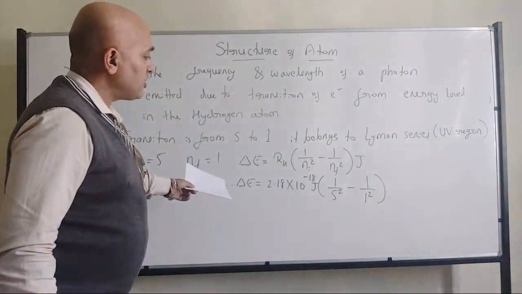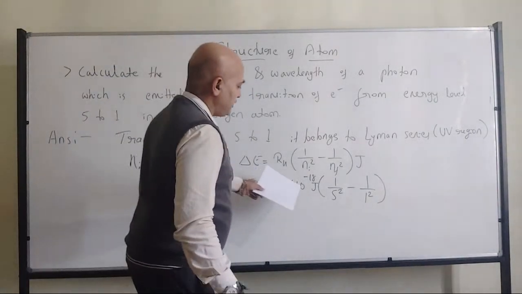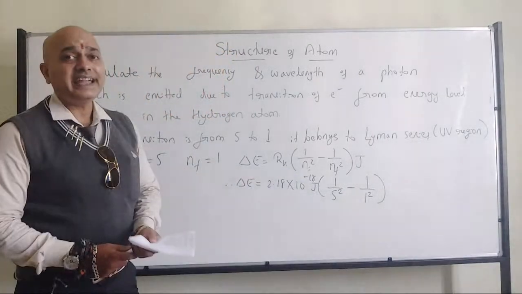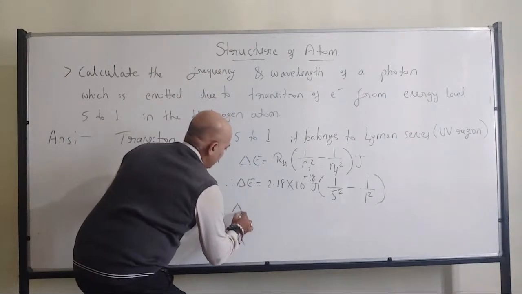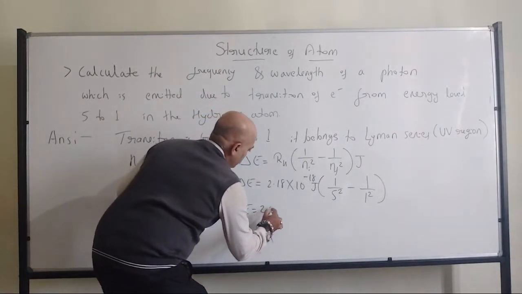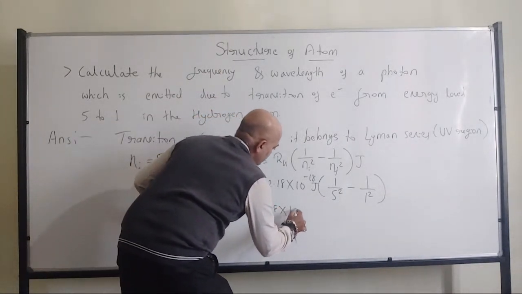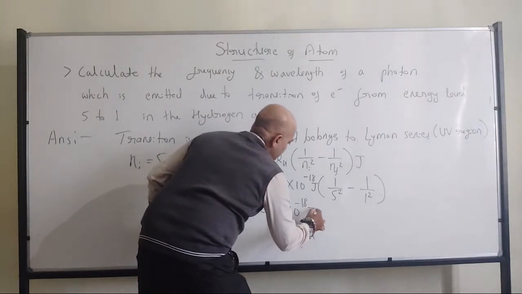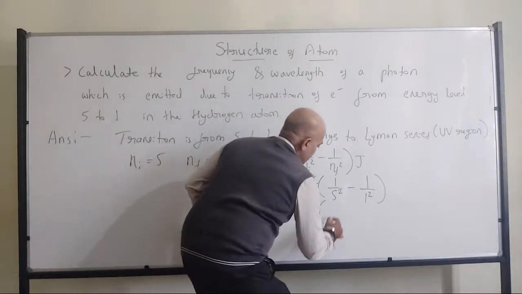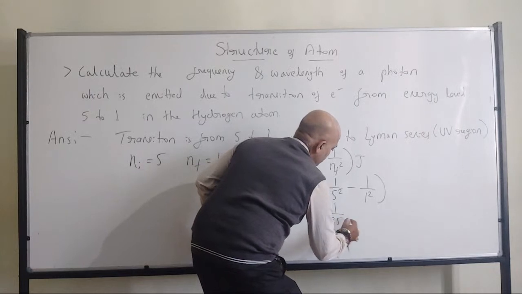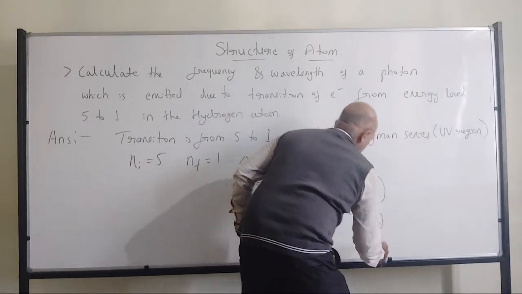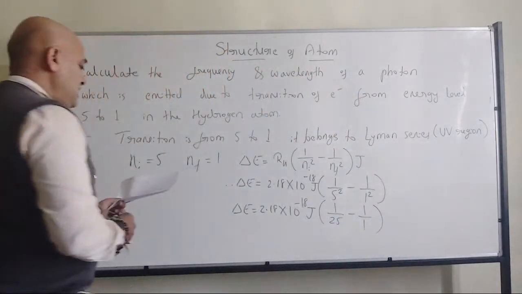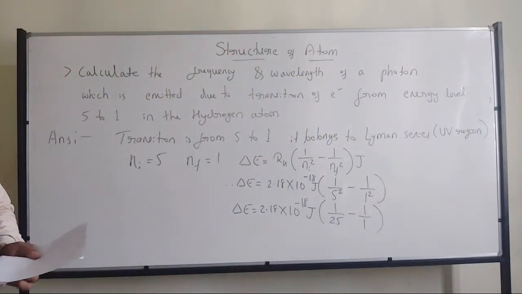Rydberg's constant is 2.18 into 10 to the power of minus 18 joule. Now delta E is equal to 2.18 into 10 to the power of minus 18 joule multiplied by 1 by 25 minus 1 by 1, right?